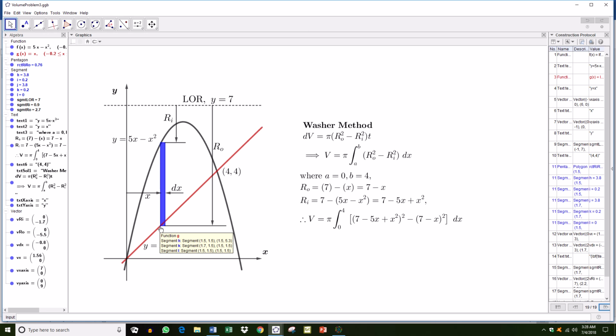So 7 − x is r_o. And r_i is top minus bottom. Top has a y value of 7, and the bottom has a y value of 5x − x². That's it. Plug and chug.